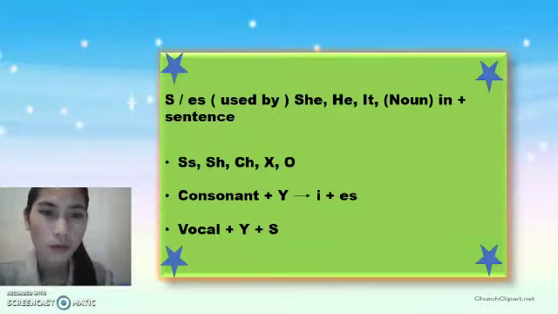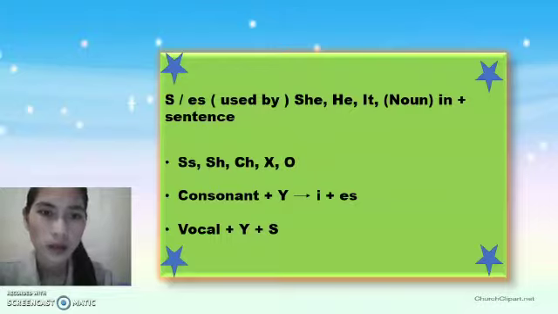For example, the word at the end ss, the word is kiss. You can add es, kisses. For example, in sentence, she kisses him.